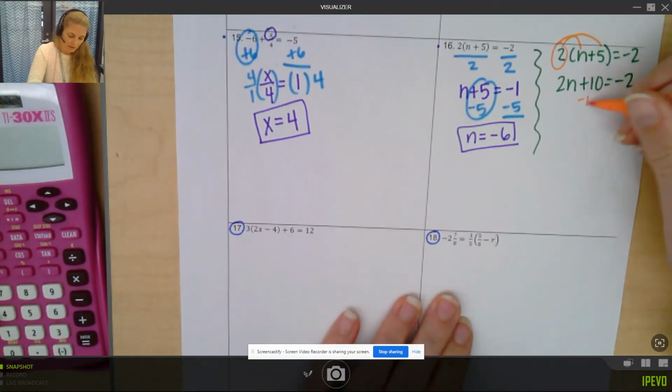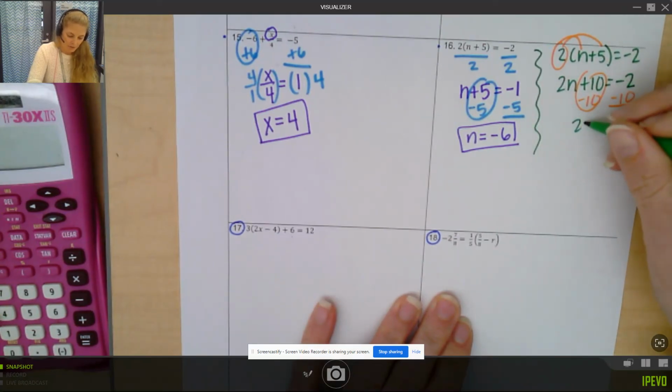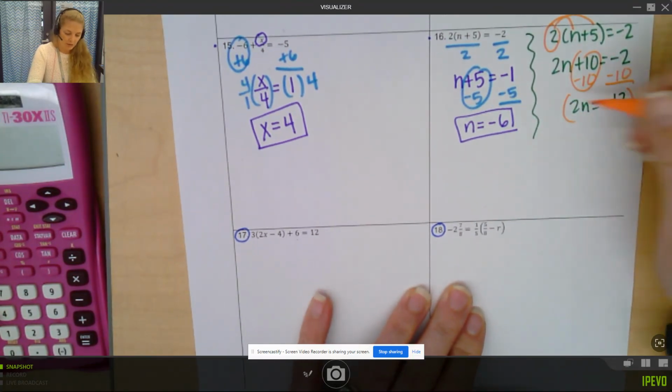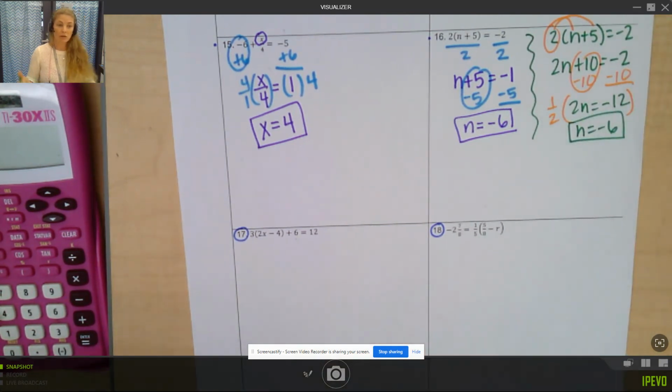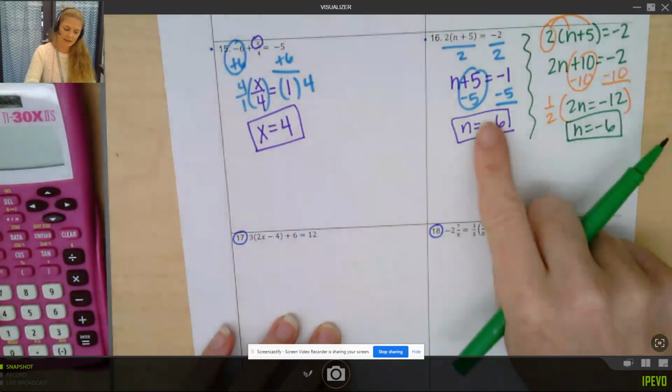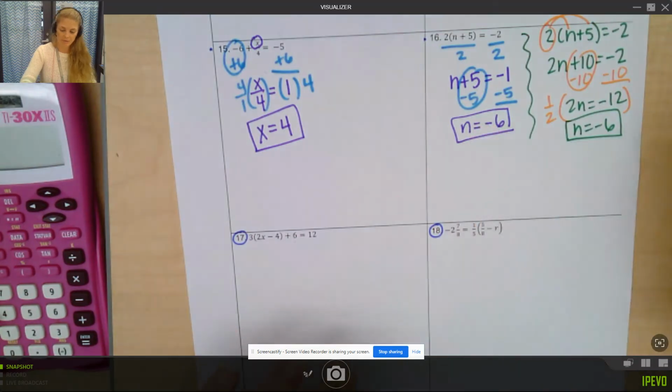From here, subtract 10 from both sides, making this a 0 pair. 2n is equal to negative 12. Multiplicative inverse of multiplying by 2 is multiplying by 1/2, the reciprocal, and n is equal to negative 6. So again, different method, same answer. Either of the work is just as great. This method just might be a little more efficient.